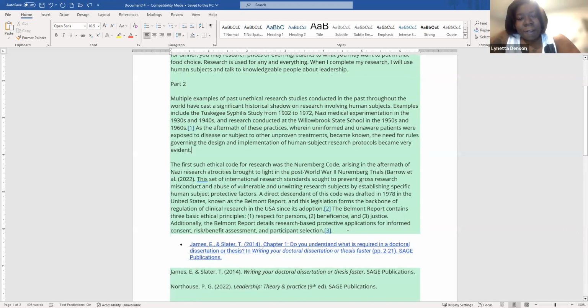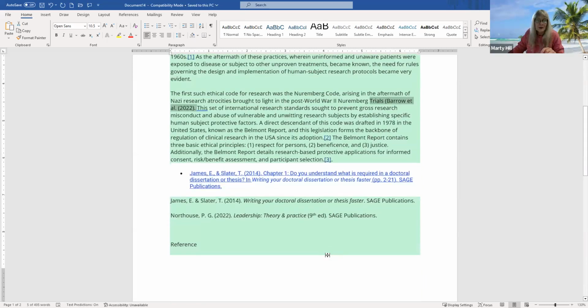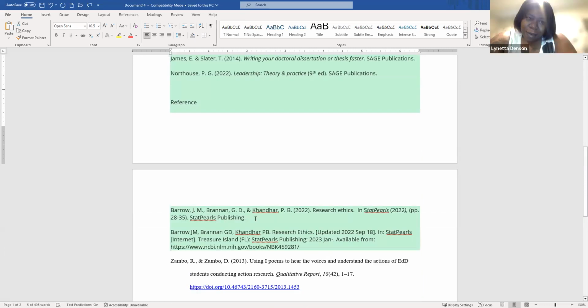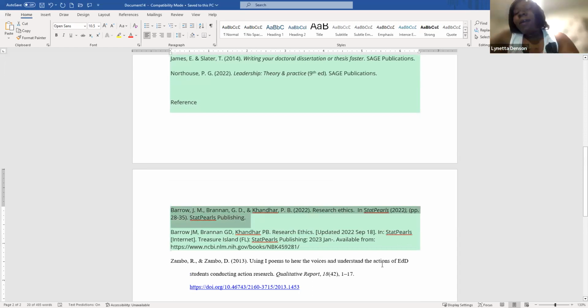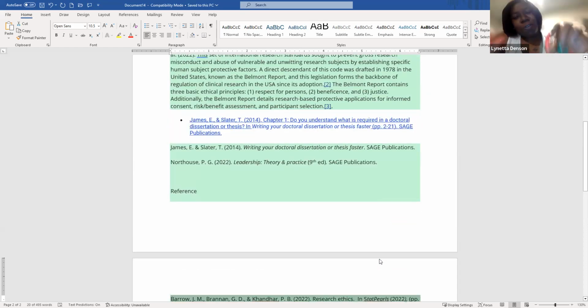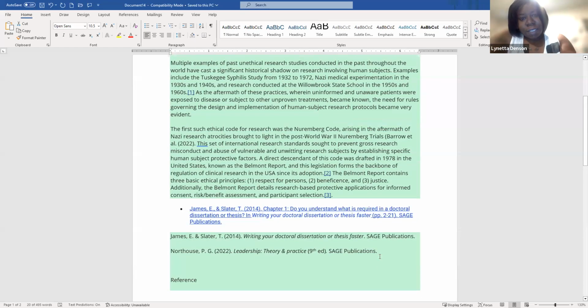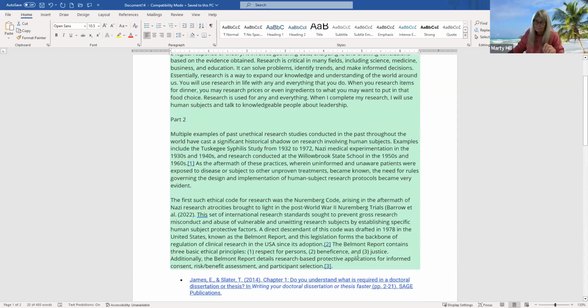My bad. Trick question. Sorry. But there's a citation that goes with the reference. Okay. So everything has to match up from here to there, but don't use the citation that's in the article or the book. You have to do it as you showed us how to do it. The reference. Right. Okay.